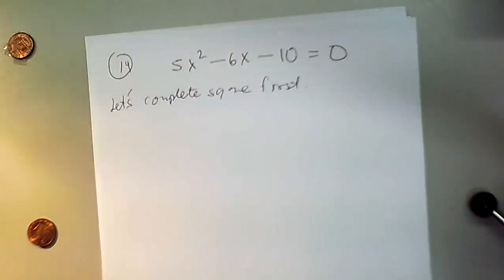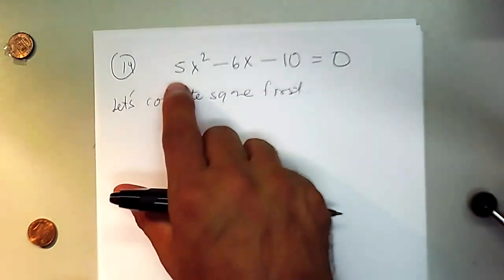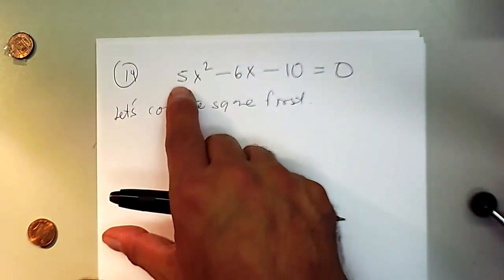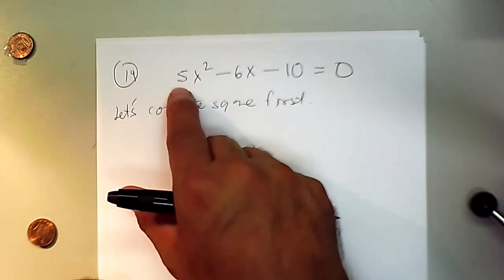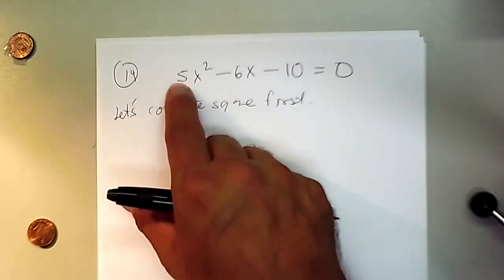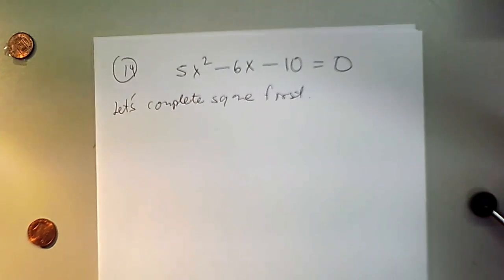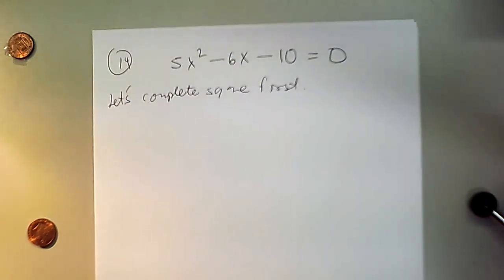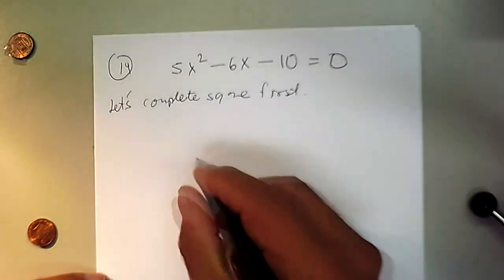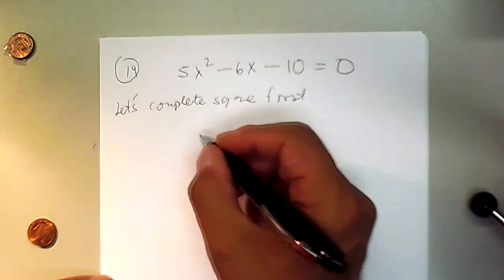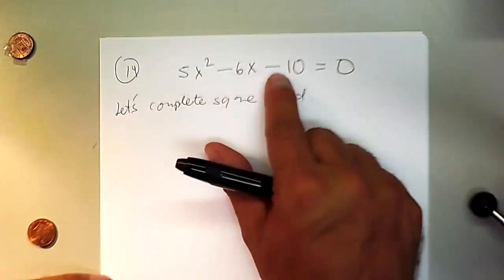This is a good problem for completing the square because we haven't done a problem where the coefficient of x squared is not 1. This one is not 1. We haven't done that kind of problem. Boy, that's going to be a tricky problem, but we're up to the challenge. All right, so move the 10 over.